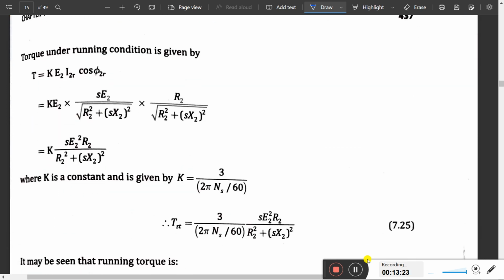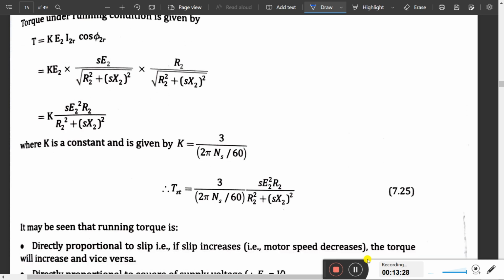The torque under the running condition is directly proportional to S E2 square R2 by R2 square plus (S X2) whole square.